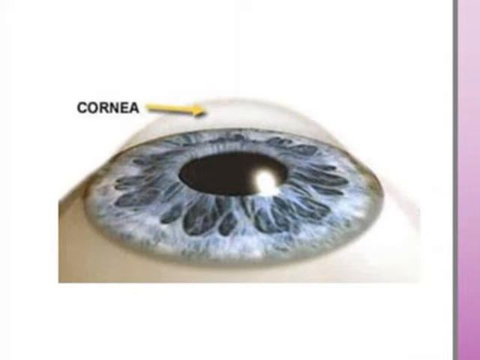The cornea shares this protective task with the eyelids, the eye socket, tears, and the sclera, or the white part of the eye. The cornea acts as the eye's outermost lens. It functions like a window that controls and focuses the entry of light into the eye.